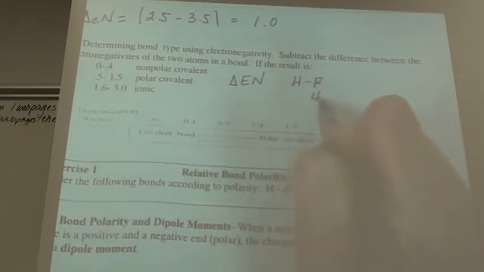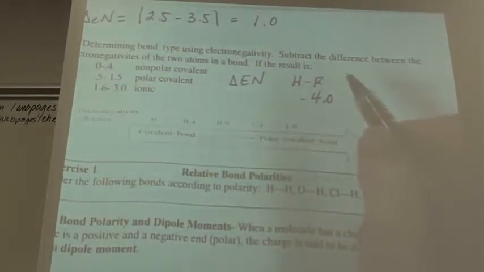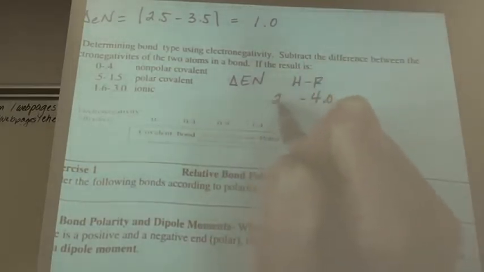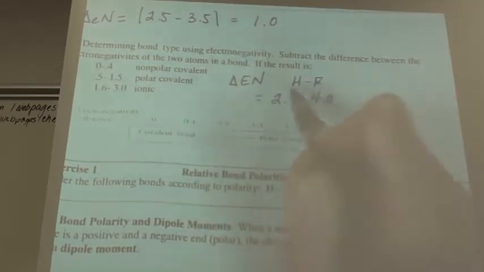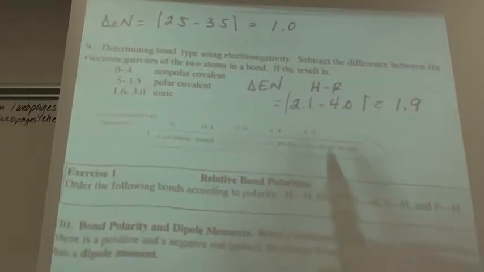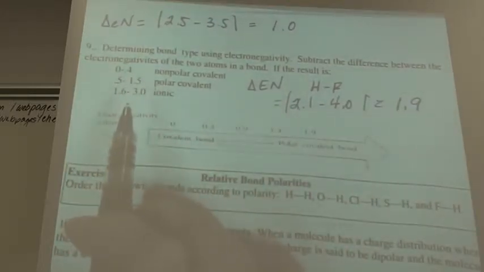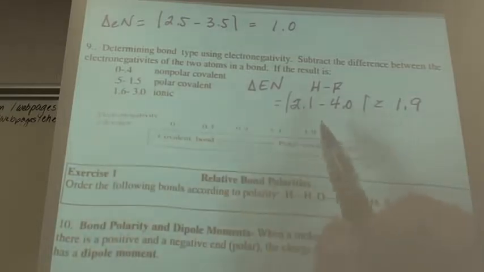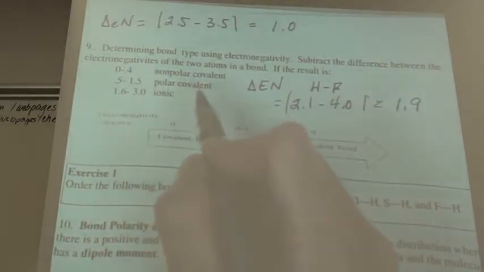It has a value of 4. What's hydrogen? 2.1. So the difference is 1.9. According to this, 1.9 should be ionic. We're going to call it very polar covalent because it's two nonmetals.